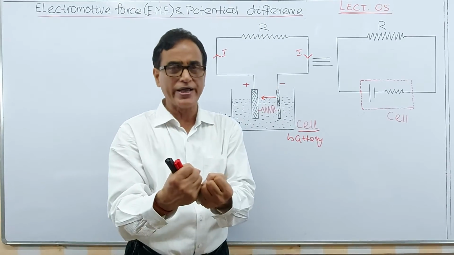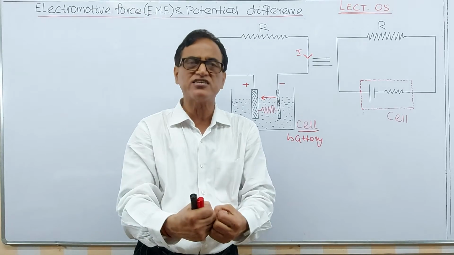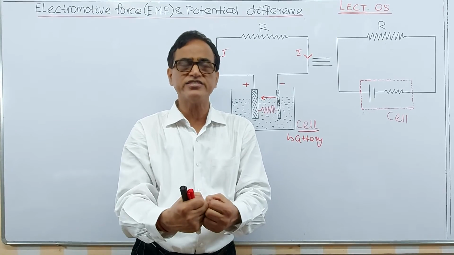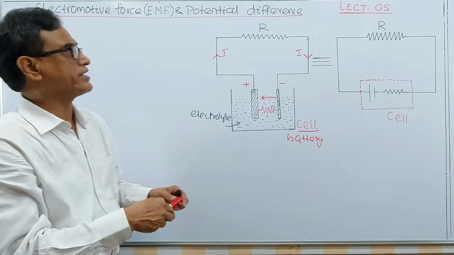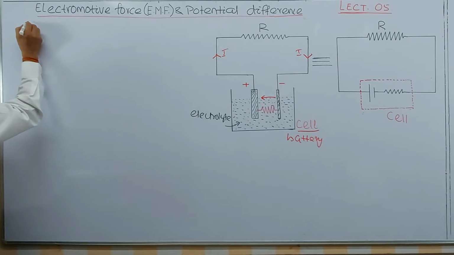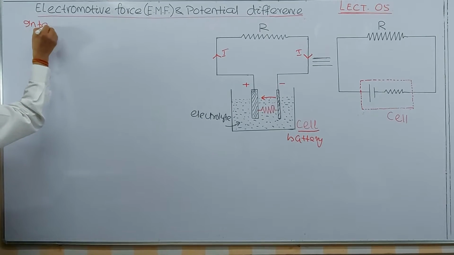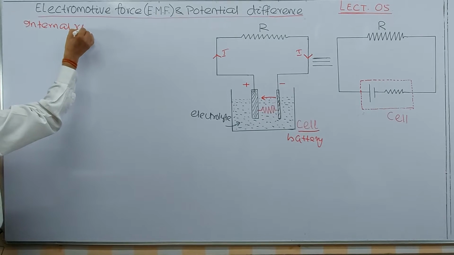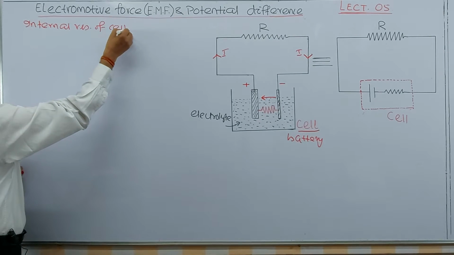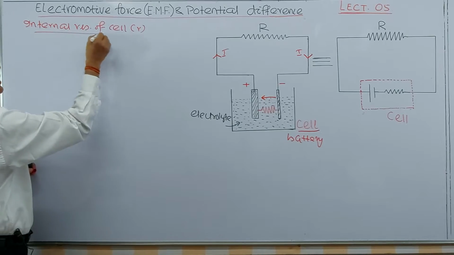That electrolyte constitutes a certain amount of resistance, and that resistance is called the internal resistance of the cell.